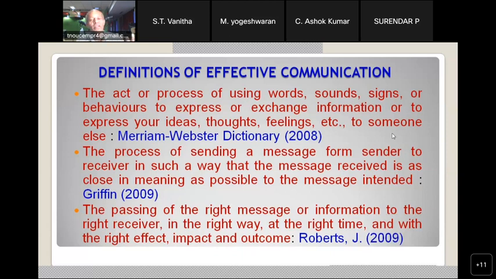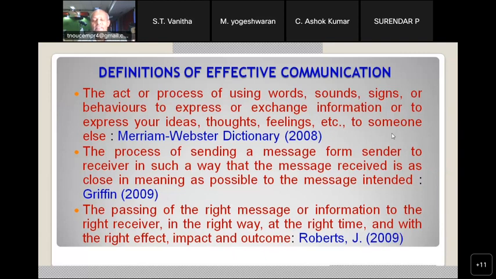That means I am trying to communicate to you. All of us are communicating with each other. So I am trying to send a message and you are receiving. At the end of 1.5 hours, if you are able to catch what I teach, then that means the communication is possible.